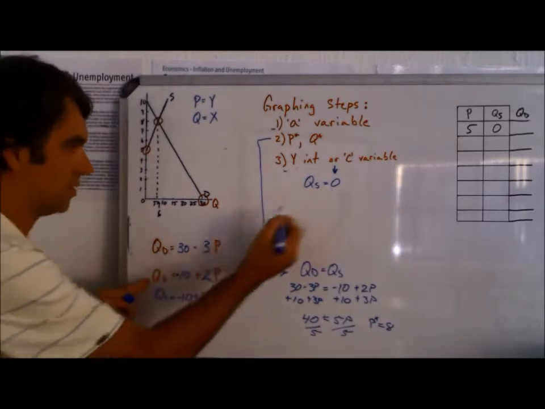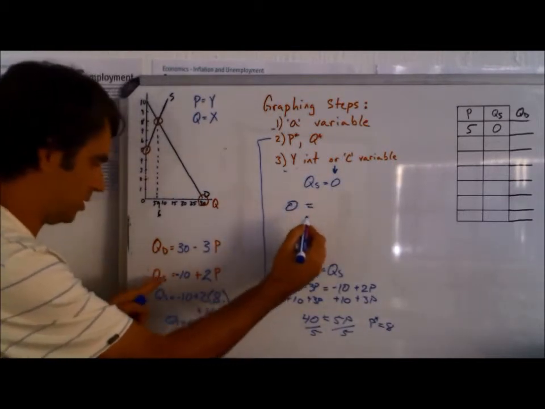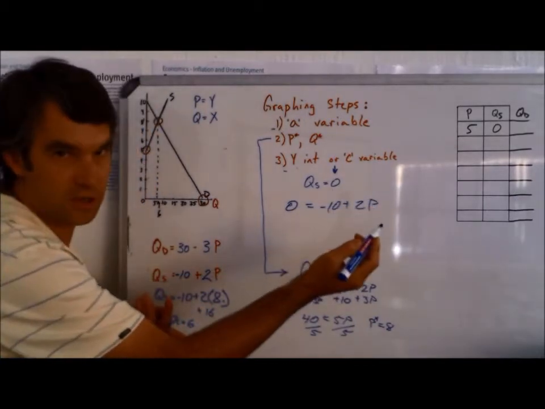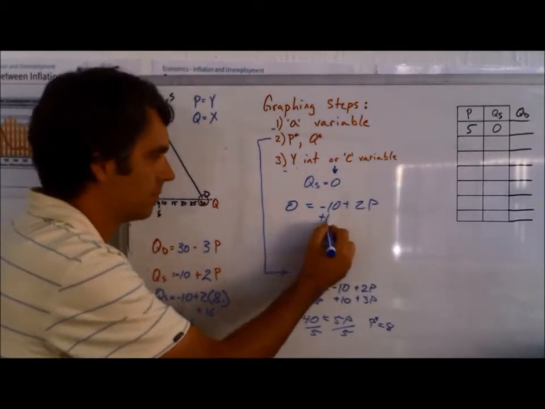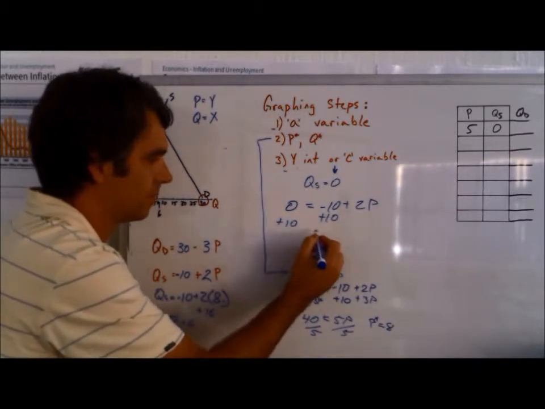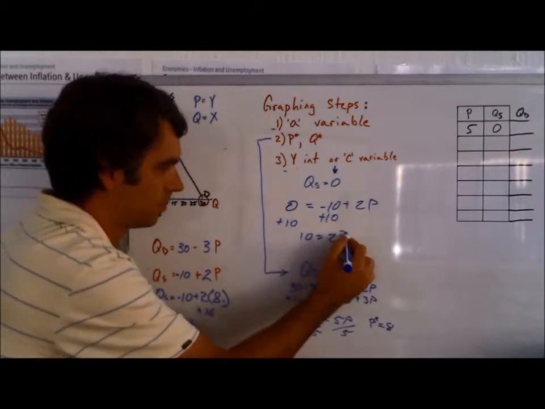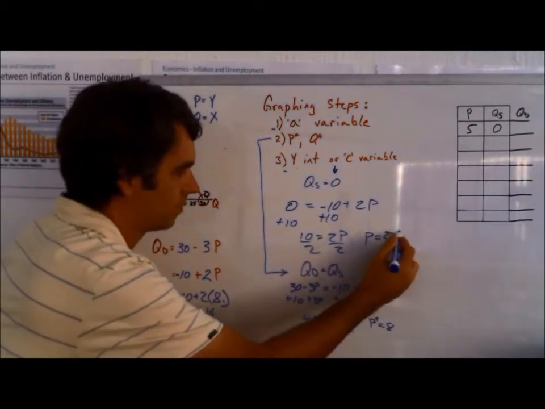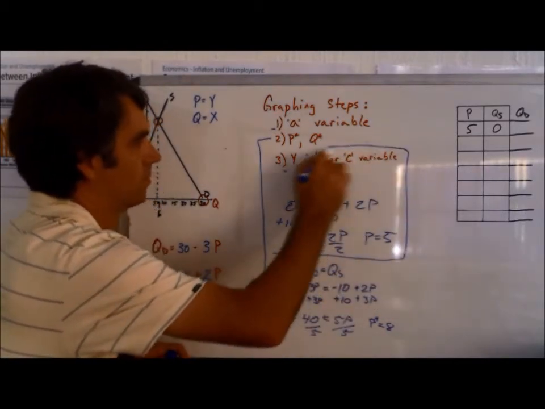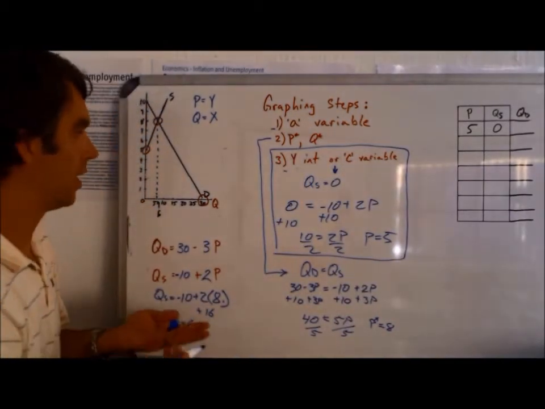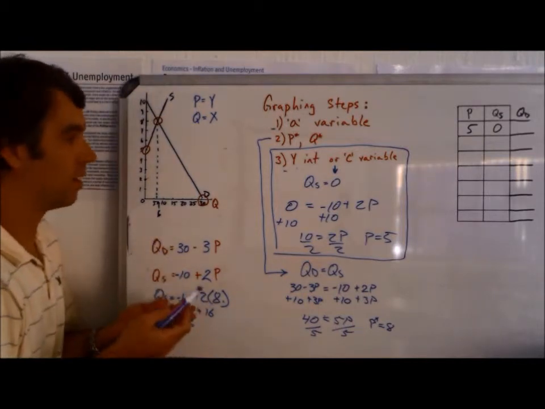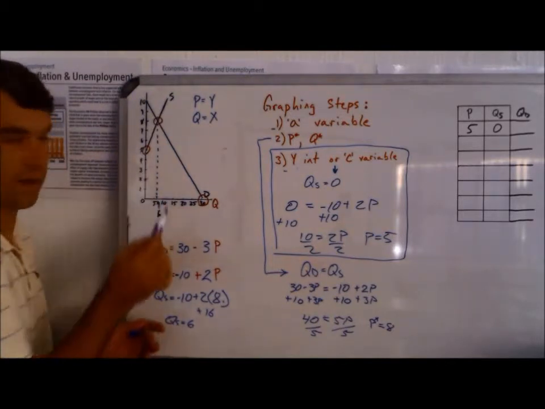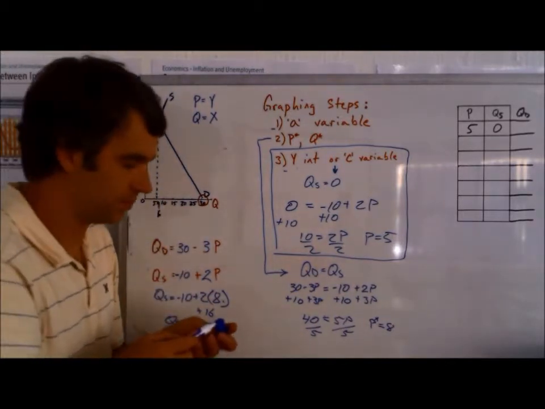So we're going to take QS as 0, which is then equal to negative 10 plus 2p, and we need to just solve for p. And there we have it. So we can put that third point, price of 5 at quantity 0, on there, and then just graph accordingly.